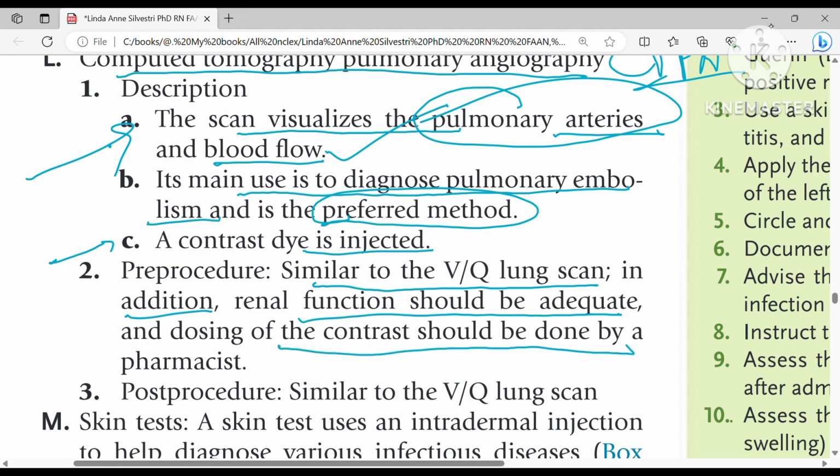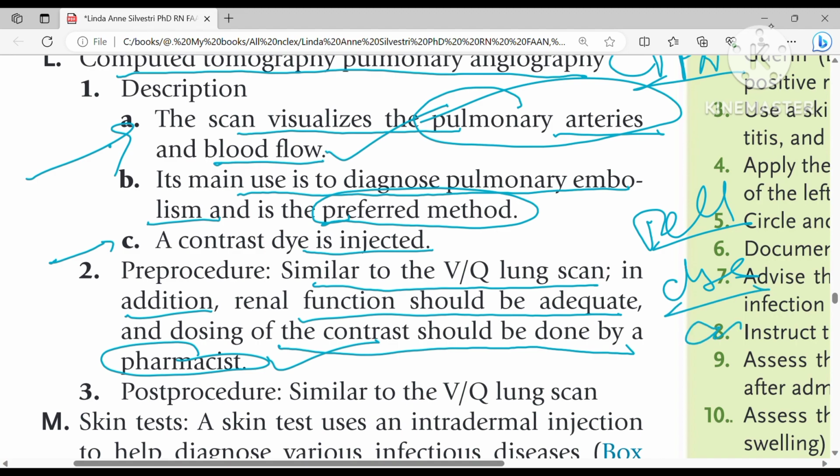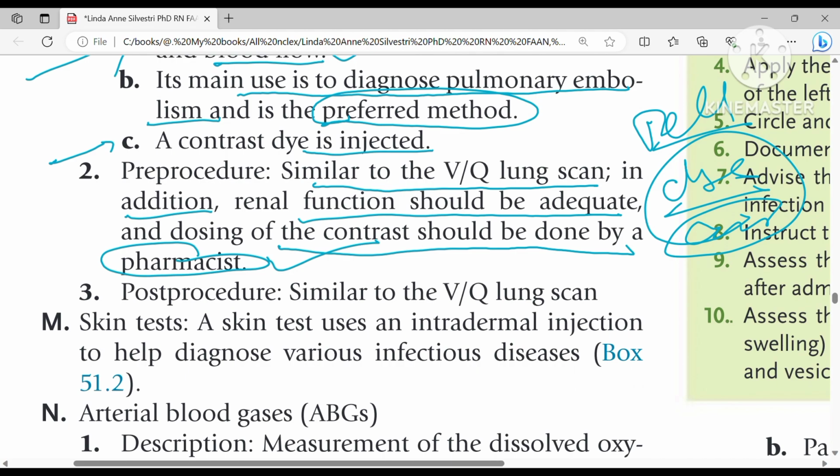Dosing of contrast should be done by a pharmacist. How much dose should be given will be inquired by the pharmacist, who will tell the dose of the dye or contrast. That will be given by the radiology people.